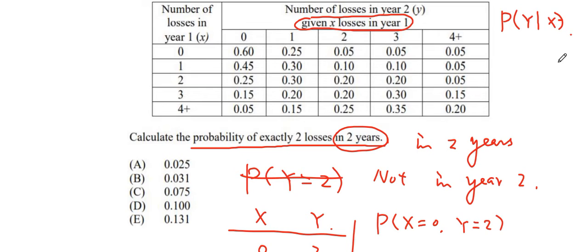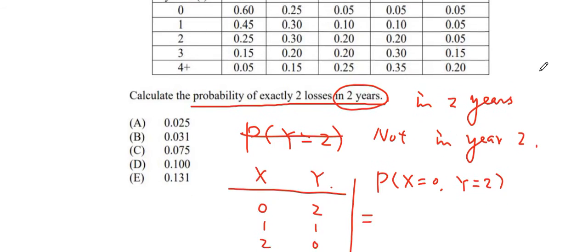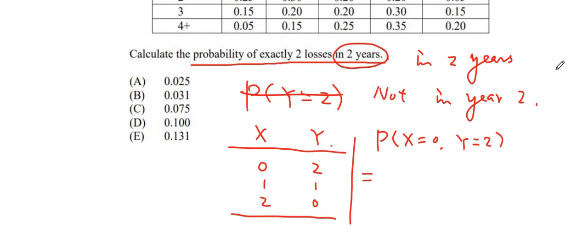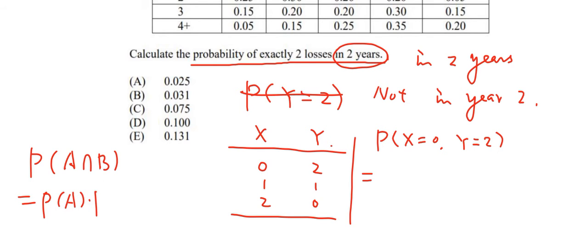It gives a conditional probability. So for this one, we say x equals 0. We have to use conditional probability, like P(A and B) equals P(A) multiplied by P(B given A). We should use that formula.